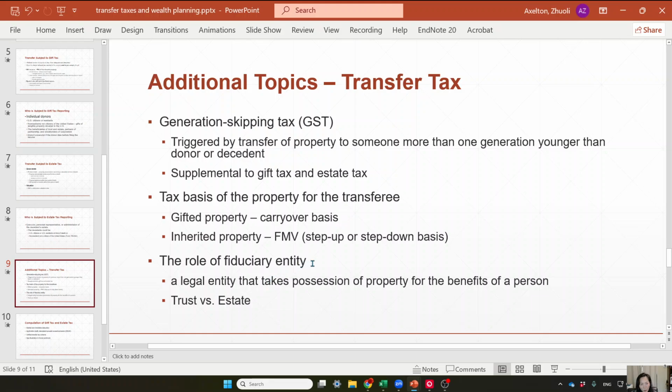For the role of the fiduciary entity, it is a legal entity that takes possession of the property for the benefit of a person. So in this case, it could be either an estate or a trust. This is not discussed in detail in this chapter because we're really just focusing on the transfer tax calculation.